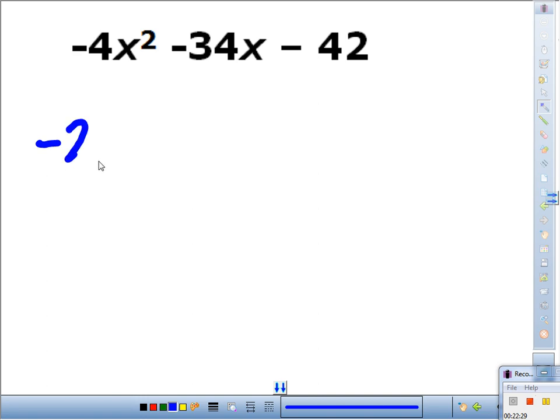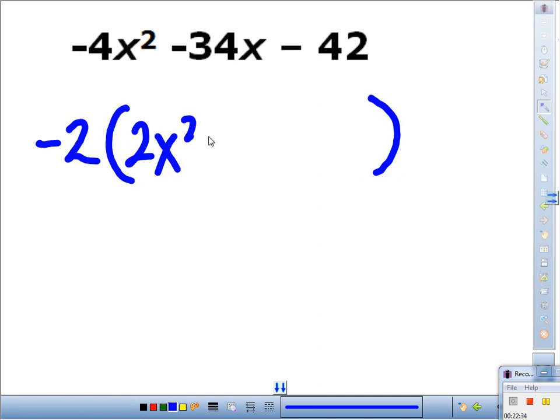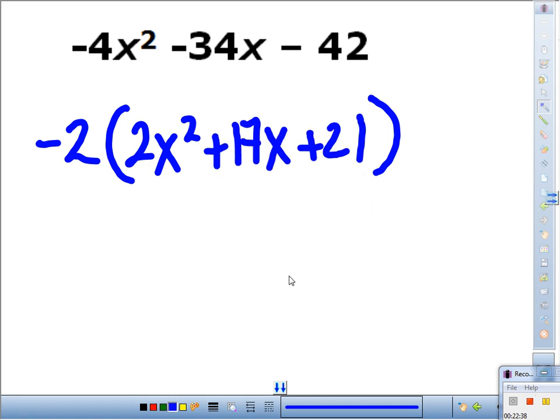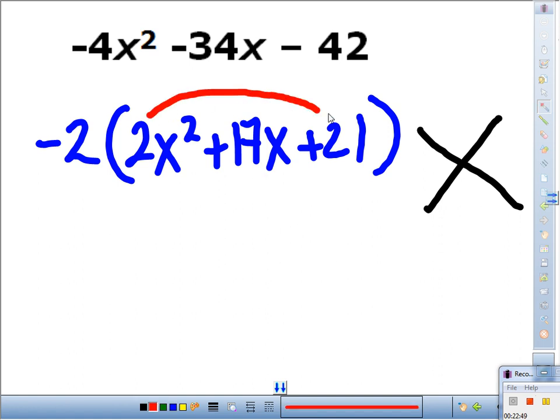Negative 2. 2x squared plus 17x plus 21. Power Rangers. What goes on top? 42. 2 times 21 is 42. 17 down here. Factors of 42 that add up to 17.